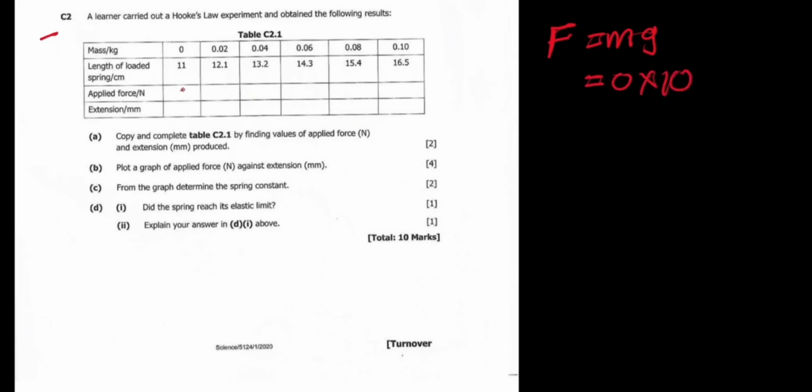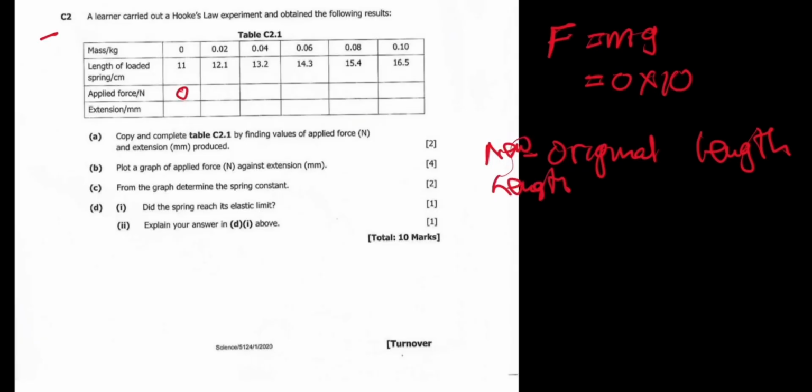So we are going to have 0 as the applied force. Not only that, the extension is actually the original length subtracted from the new length. So this original length has to be subtracted from the new length.